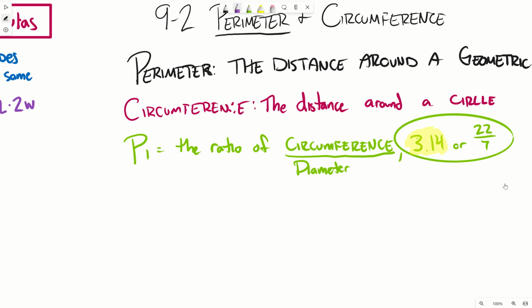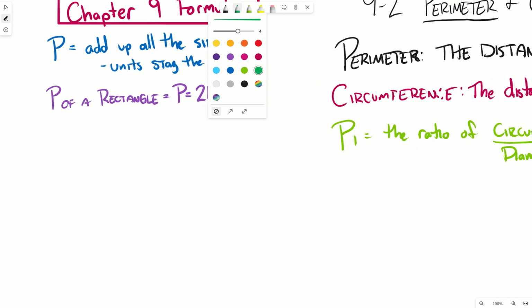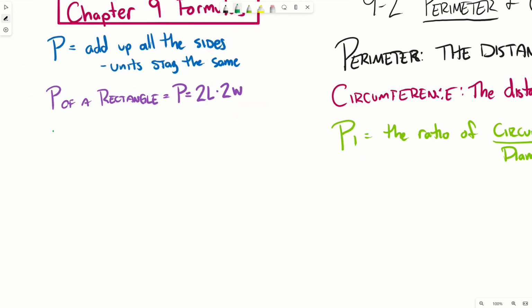Okay. And so circumference has two different ways that we can formula this. So we have circumference equals pi times diameter, or circumference equals 2 times pi times the radius.